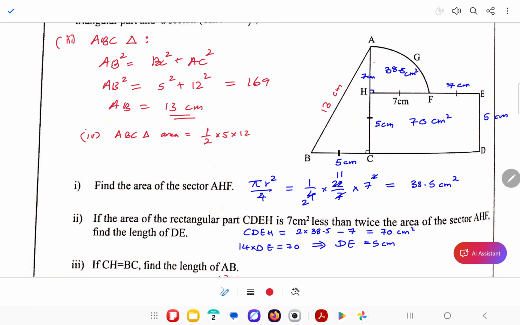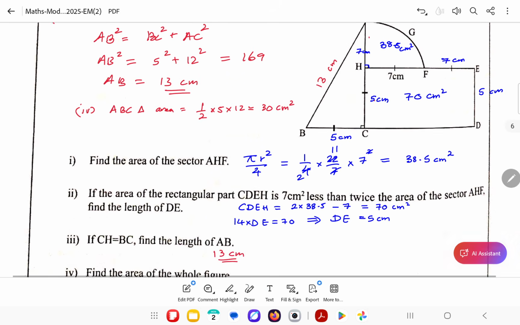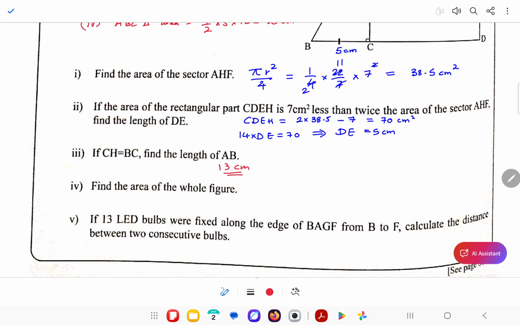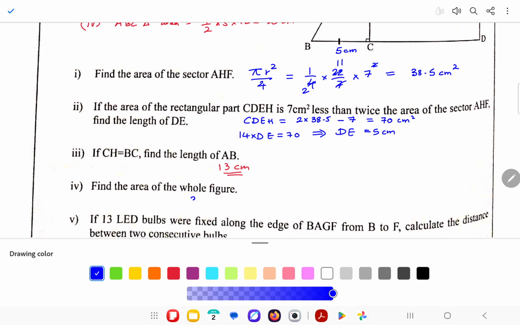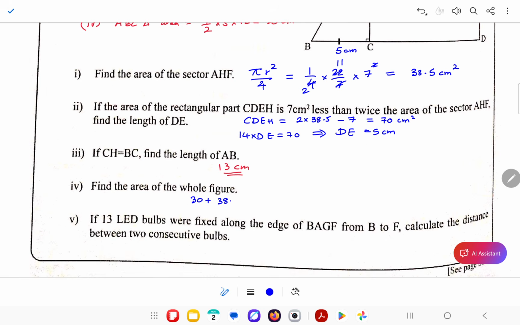So 60 times half, so 30 square centimeters. Right. So then the total area is what? 30 plus 38.5 plus 70. So 138.5 square centimeters. Right.